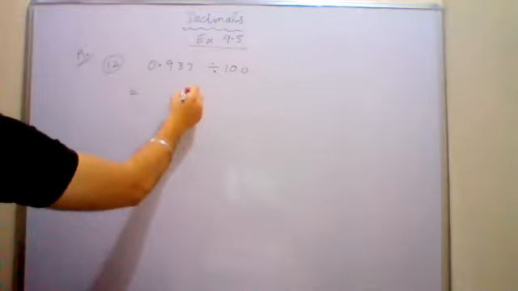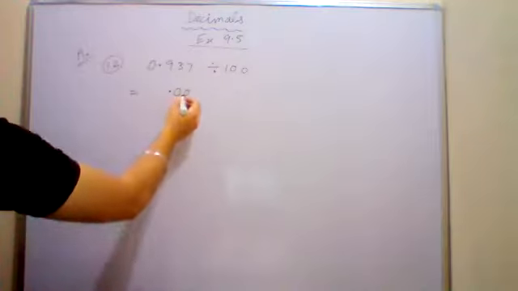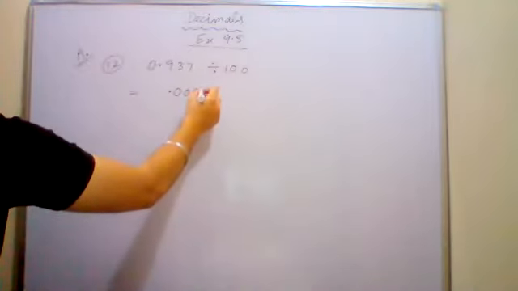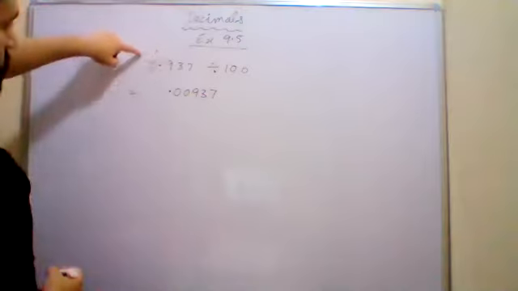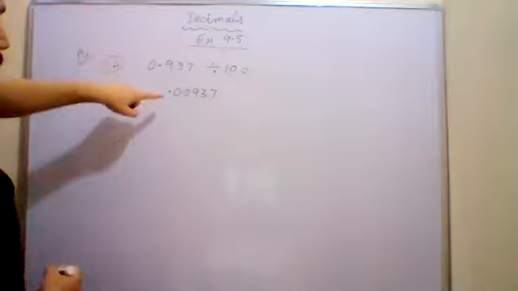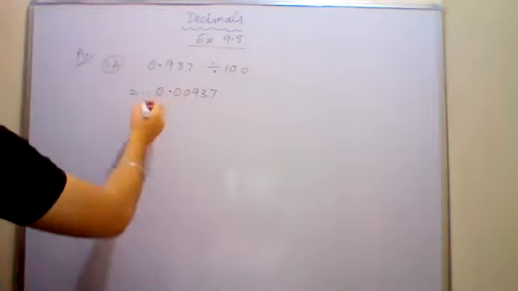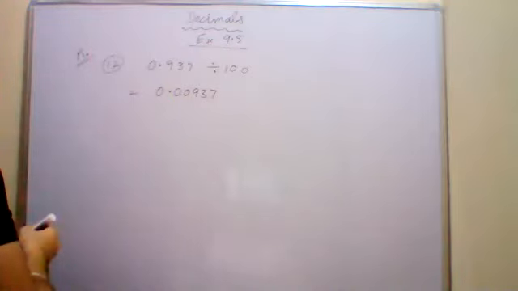If you move one place, 1 zero will be added; if you move 2 places, 2 zeros will be added. So 0.00937 is the answer. Clear? Yes, sir.